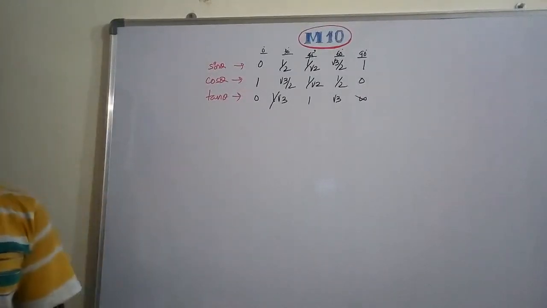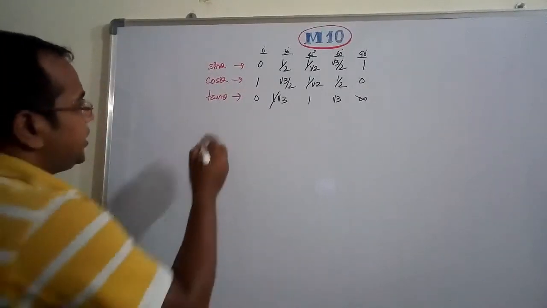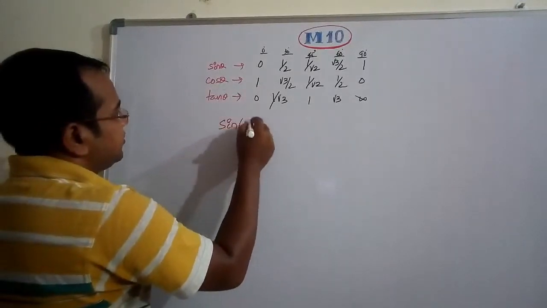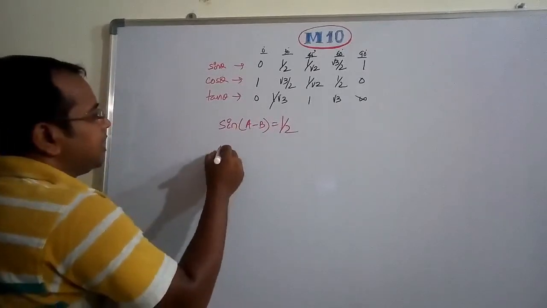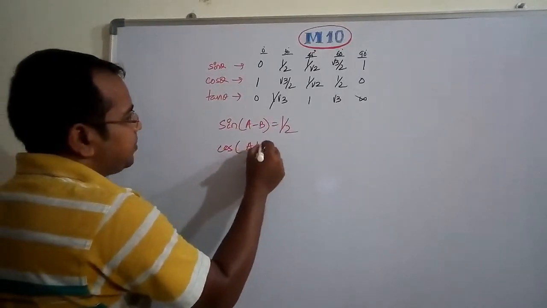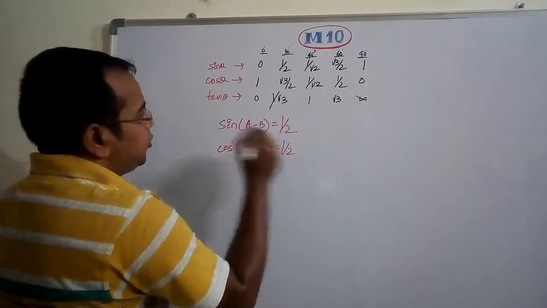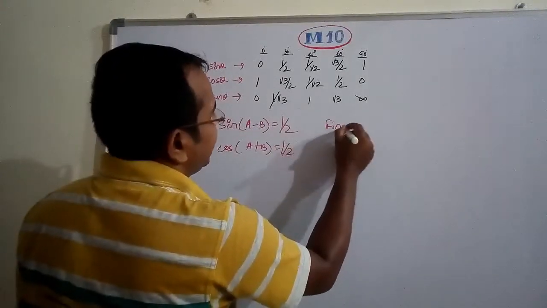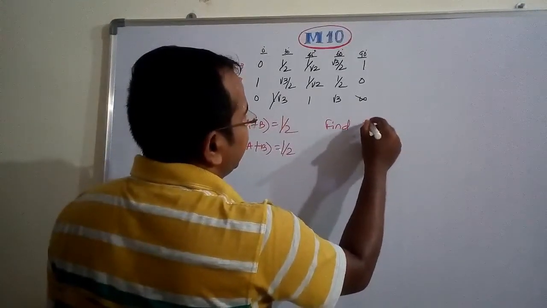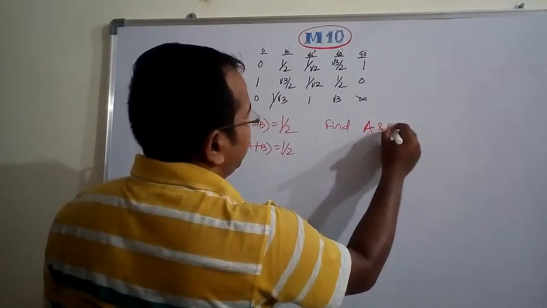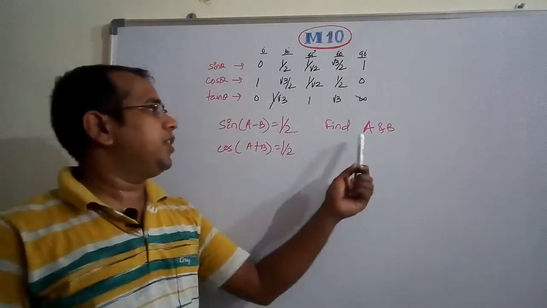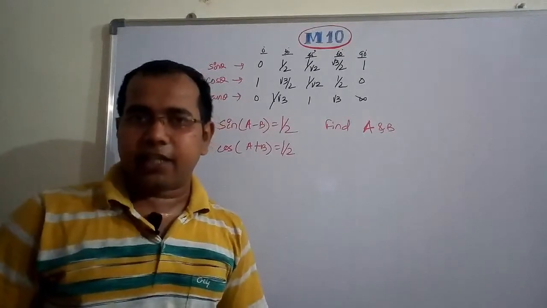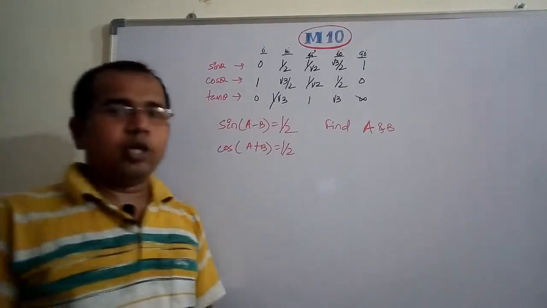Let's say if sine A minus B equals 1 by 2 and cos A plus B equals 1 by 2, then find A and B. Okay, in the question additional information will be given that A and B are both less than 90 degree, because we are reading only about acute angles.